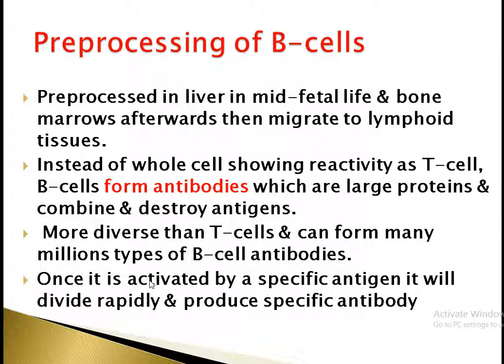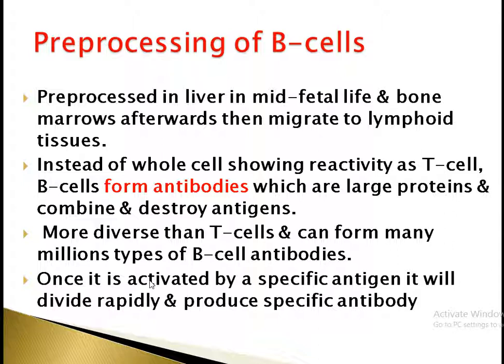Whenever they come through the lymph and through the blood to the tissue cells or the specific lymphoid cells, and any antigen comes in contact with them, they become activated, or they are changed to their activated form. As far as the B lymphocytes are concerned, they are going to produce the specific antibodies.